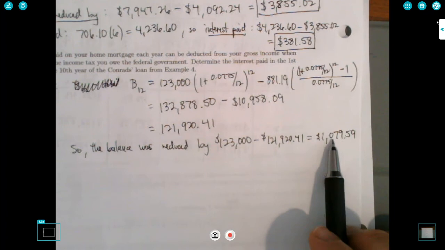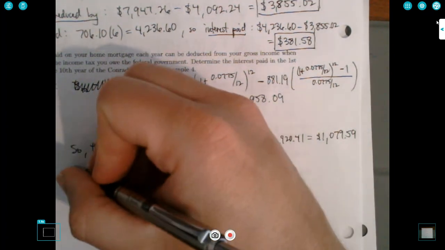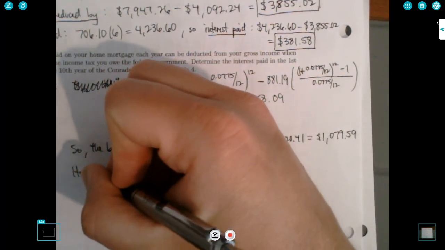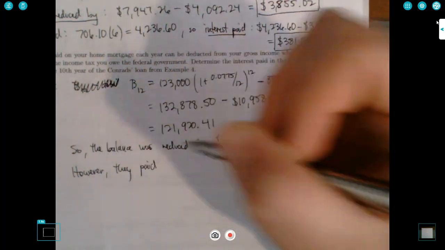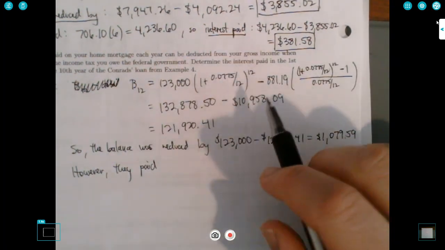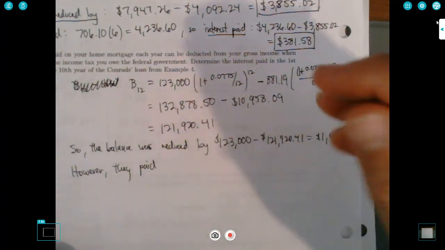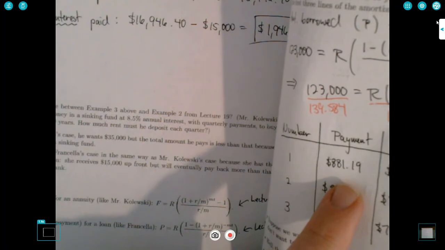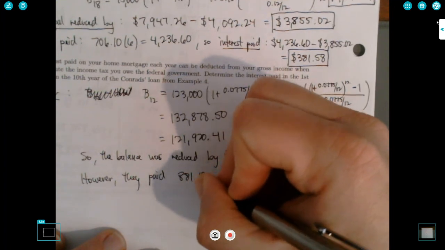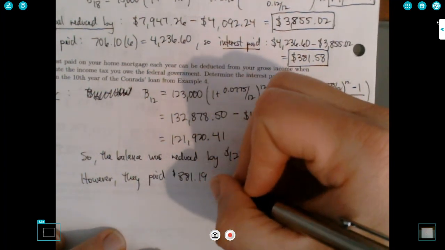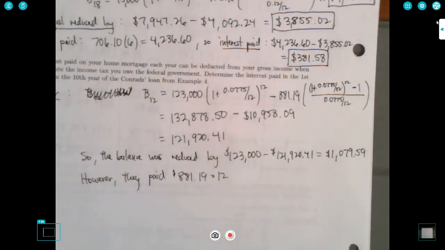but that's not their total payments, right? They paid probably a lot more money than that. However, in the first year, their monthly payment was $881.19. So they paid $881.19 times 12, right? Because they made 12 payments.